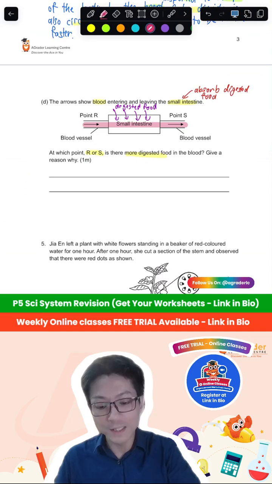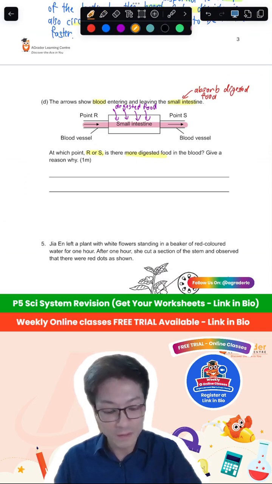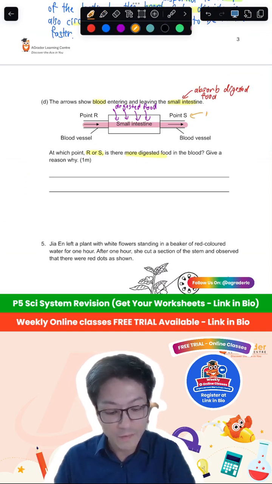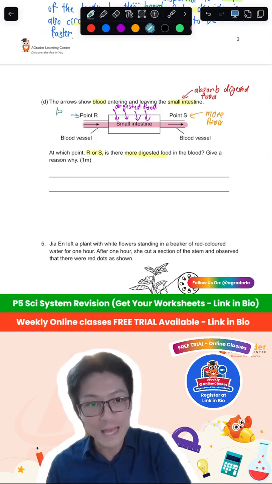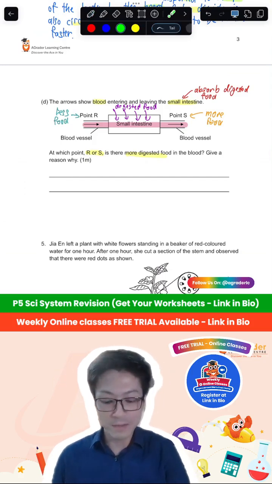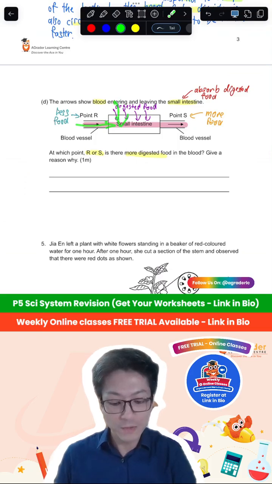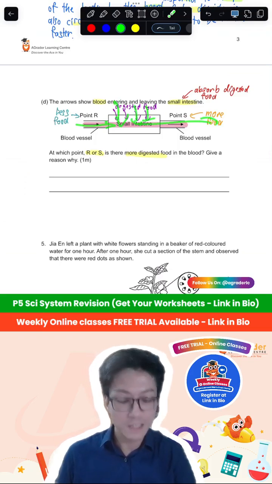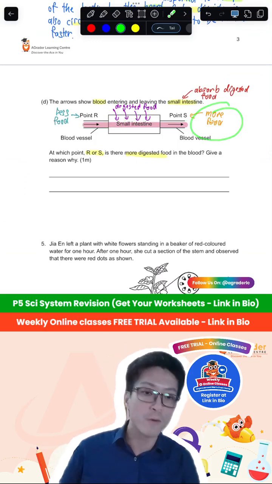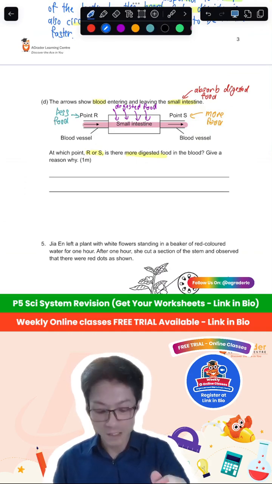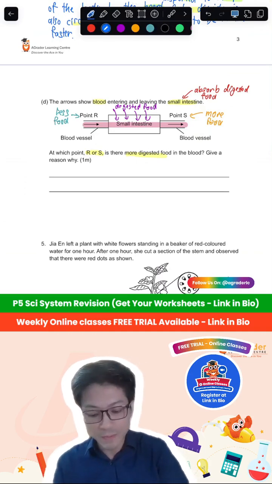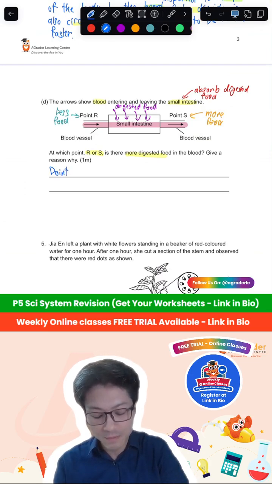Once it is absorbed into the bloodstream, then definitely over here S will have more food, and over here point R will have less food. Makes sense, right? So flow through the small intestine, you absorb all the digested food, and then flow out. So here we have more food. So easy. Let's write down the answer. So definitely point S.